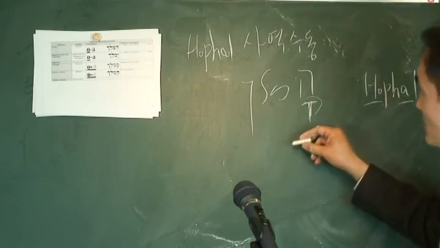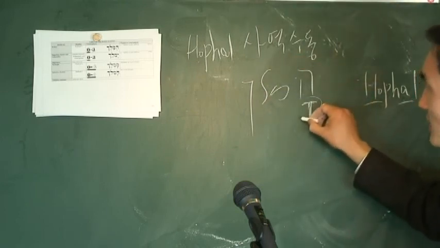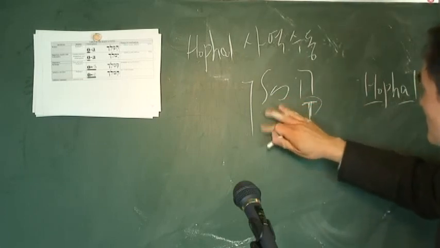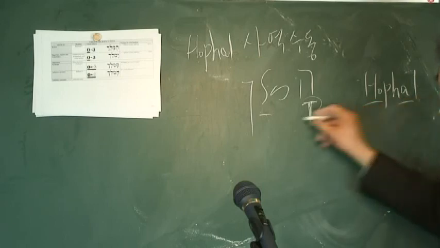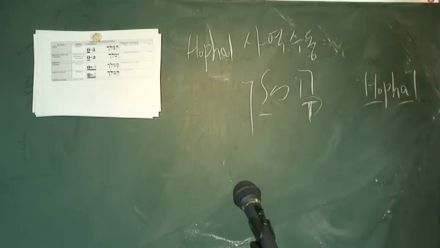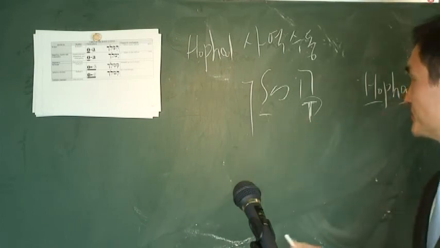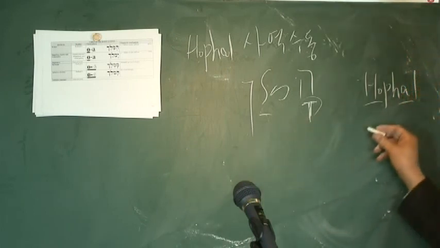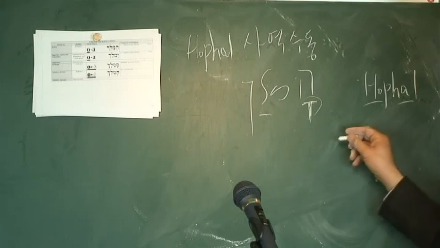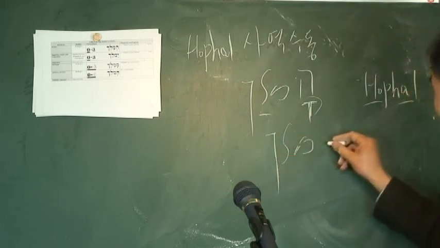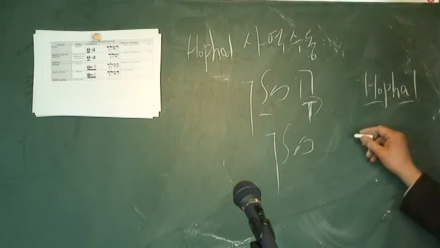When it is a closed syllable, it does not have an accent and makes the O sound. A is written as patak: homlak, omlak.